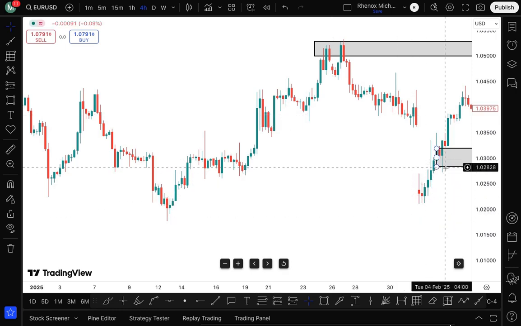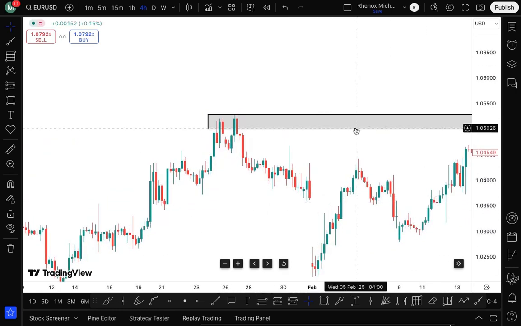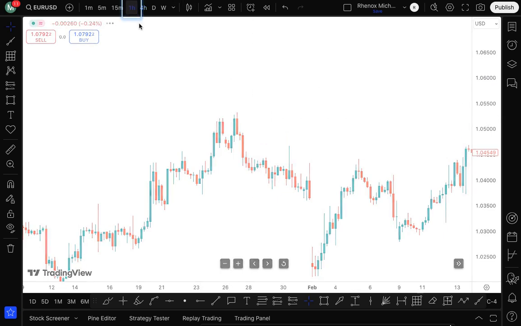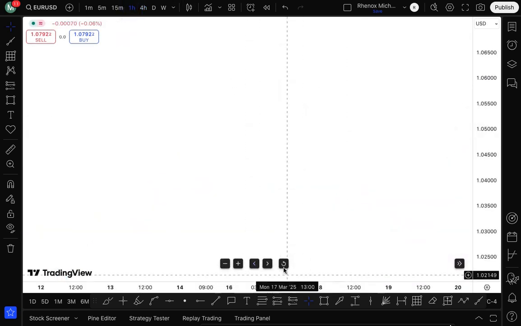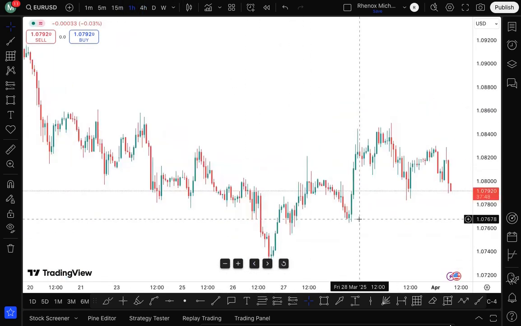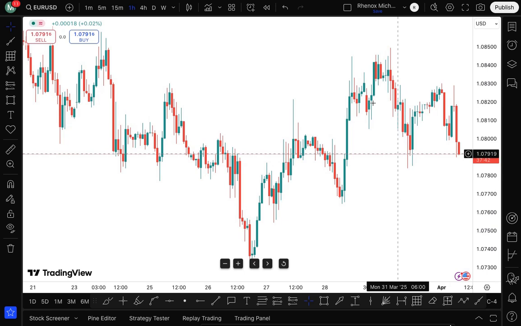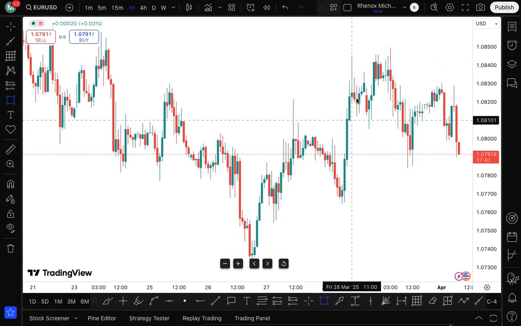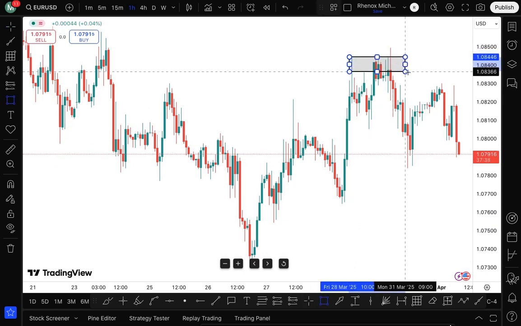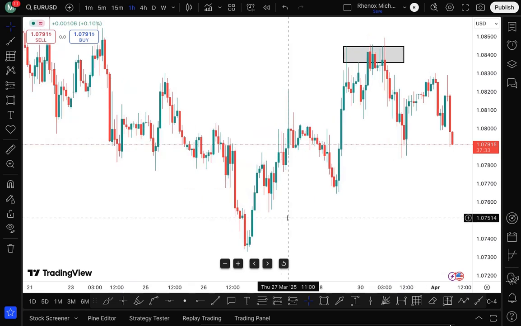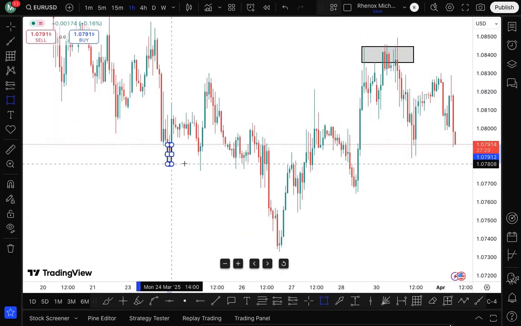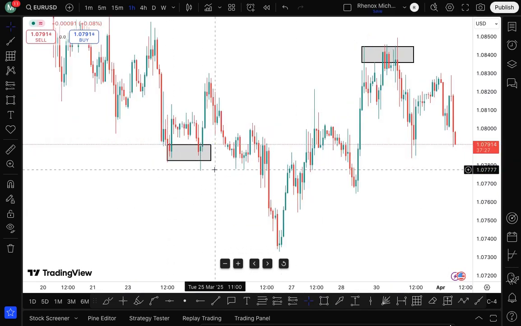But let's do something on this lower time frame so you can see, because liquidity grabs occur more on the lower time frames. So if you look here, you see price took out this high before the drop. Then again, price took out this low before the buy.